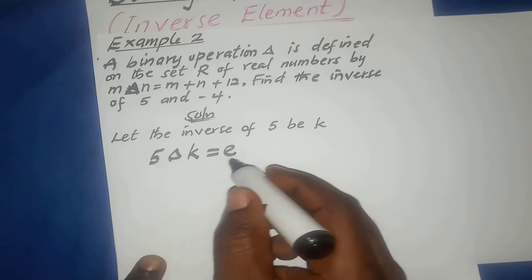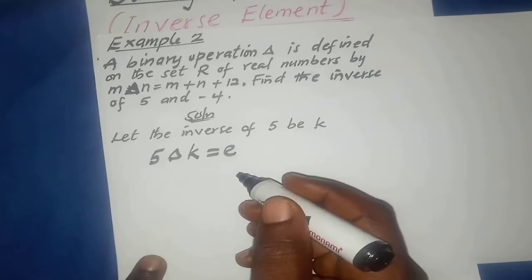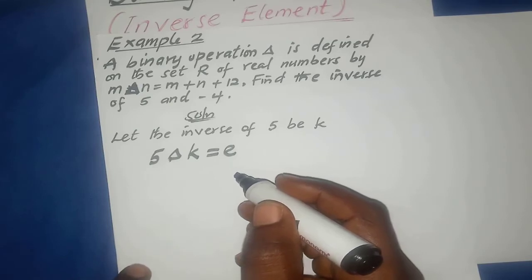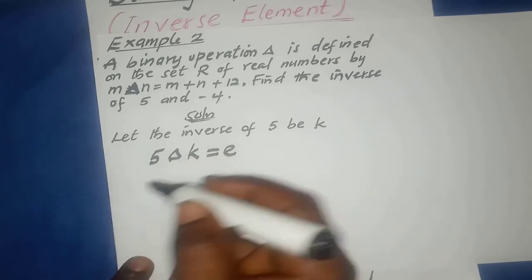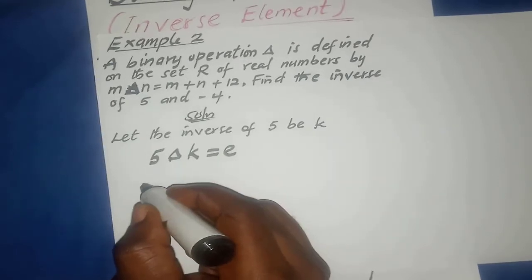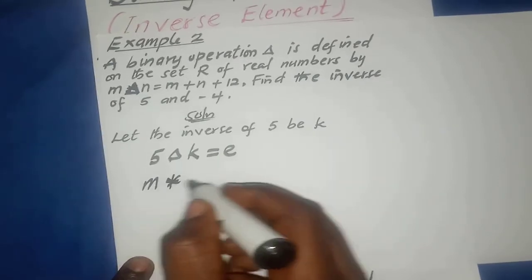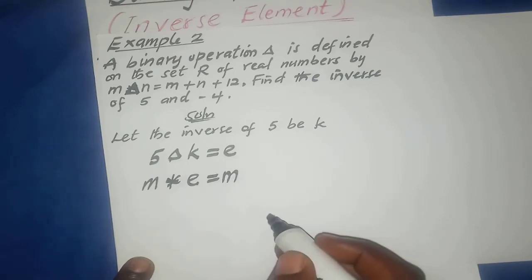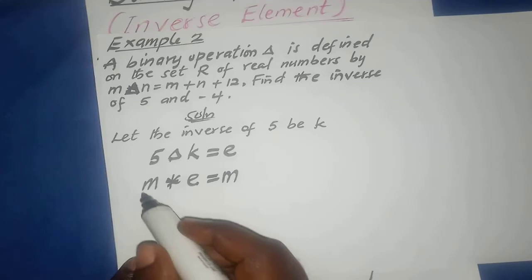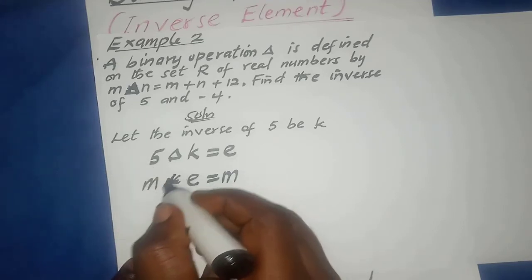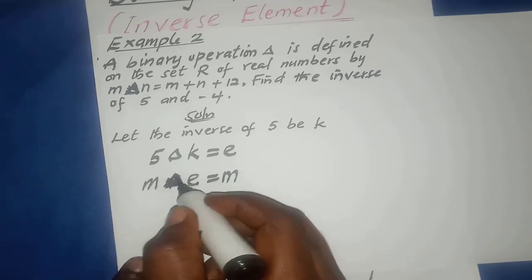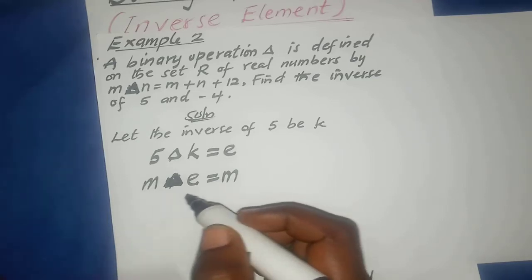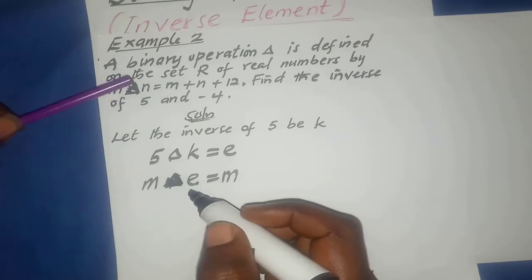But we don't know the identity element, so we have to find the identity element. To find the identity element, we see that M operation the identity element should give us that same M. The operation is triangle. So in this case, our M is M and then our N is what?